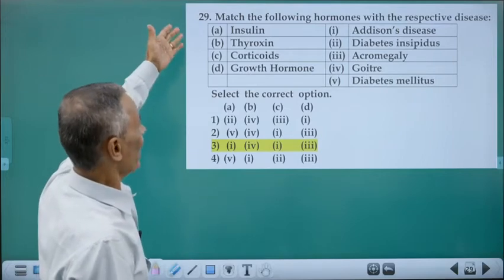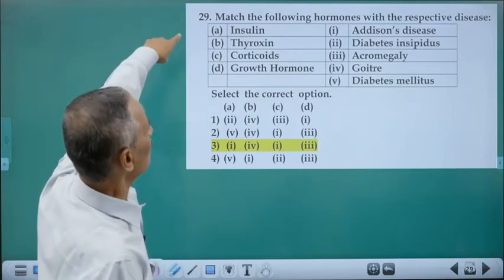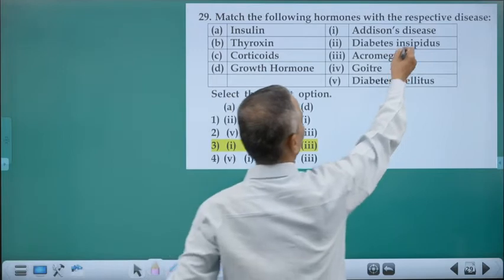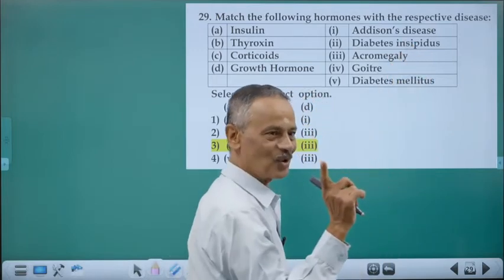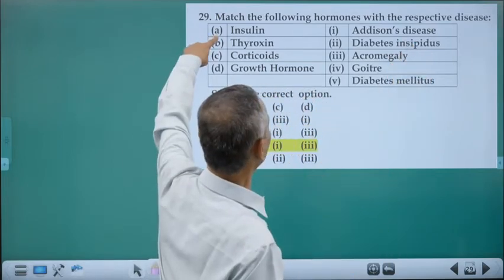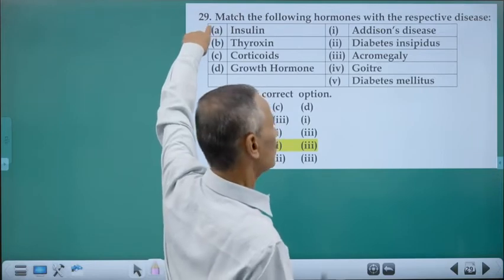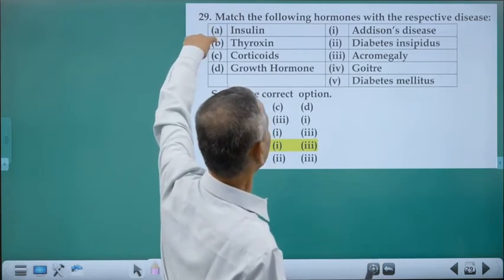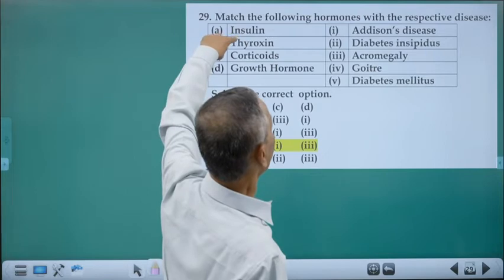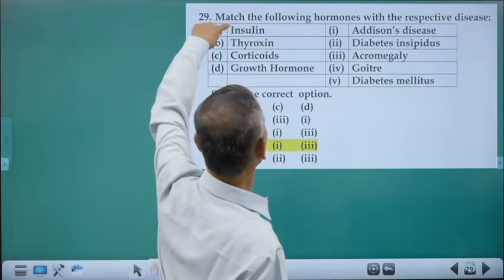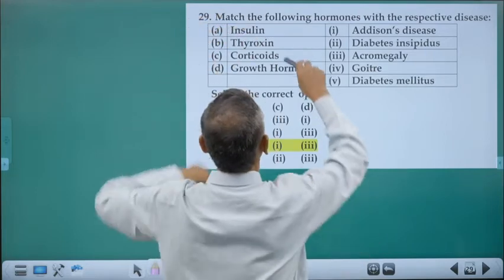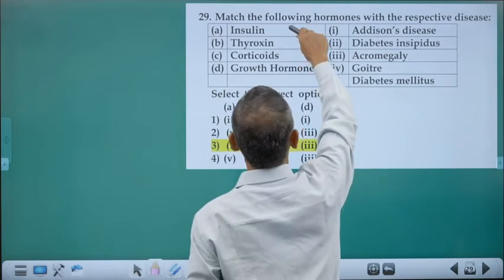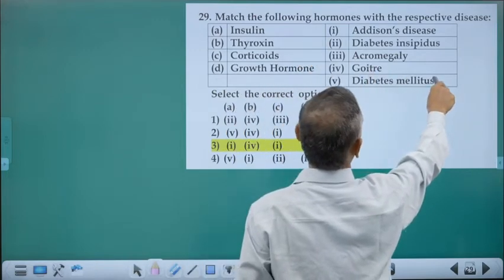And again, we have a similar question. Insulin. We have again diabetes insipidus and diabetes mellitus. Now you understand it correctly. If there is a shortage of insulin, we will have diabetes mellitus. So insulin, A, will be diabetes mellitus.